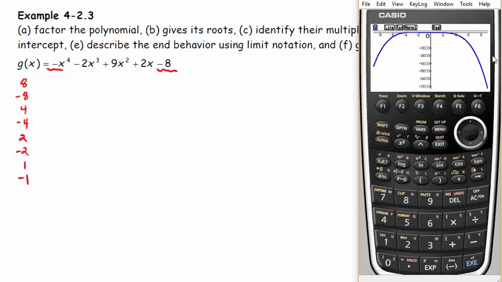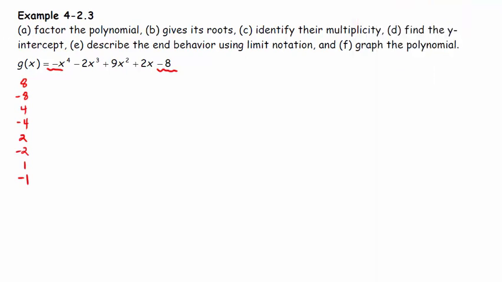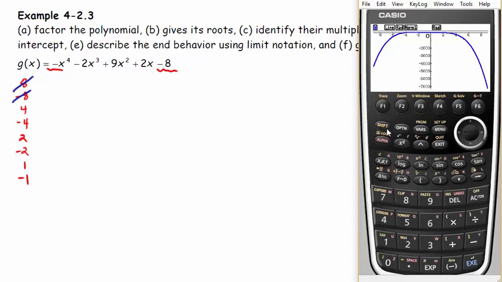Alright, and this window is quite bad. Yes, we can't see what's going on here. So from this though, I can eliminate negative 8 and 8 from my potential roots, and we're going to zoom in a little more here. So next, we might look at negative 4 and positive 4.